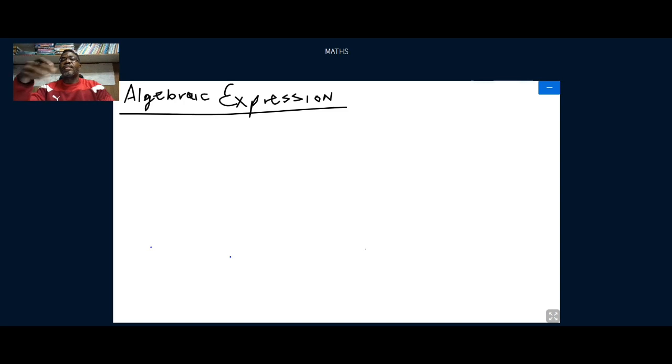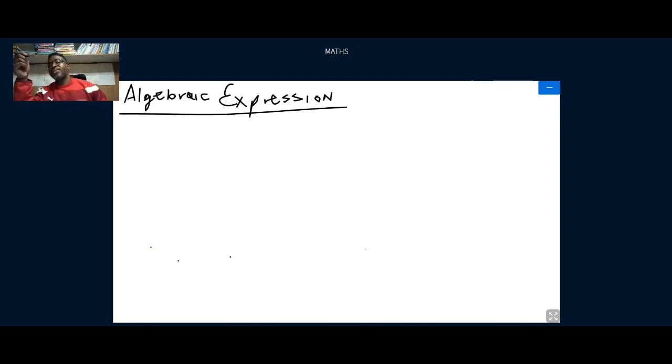Around the world people speak different languages and use different methods of writing. Now, in mathematics, we also need that kind of system which we can use to construct our expressions. Right now I'm speaking English and I am using the letters of the alphabet.